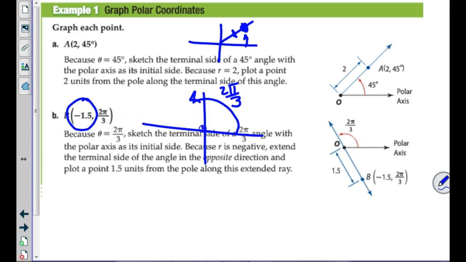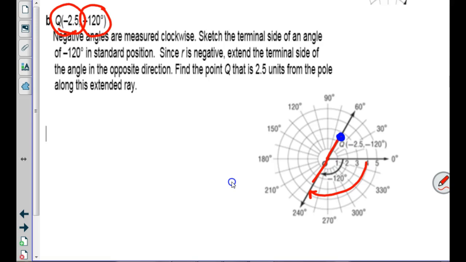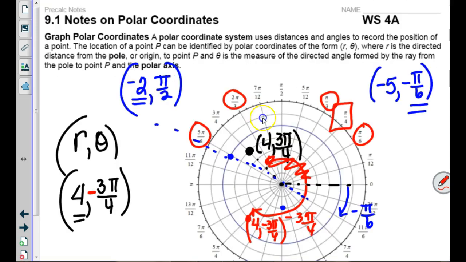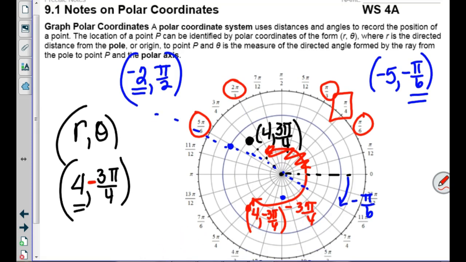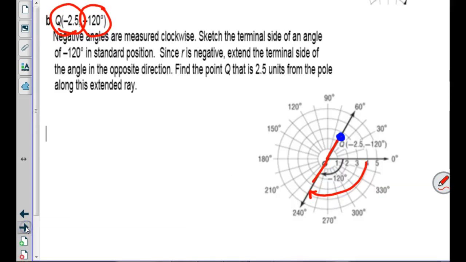Yes, so instead of going out this way on the 2 pi over 3 line, I have to back up 1.5 units this way. So I would wind up down here somewhere, where this is 1.5 units long, and this was like 2 pi over 3's opposite line, which would be, if you're looking at this one, 2 pi over 3 straight across would be 5 pi over 3, right? All right.